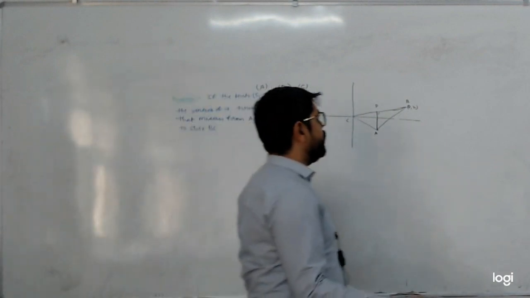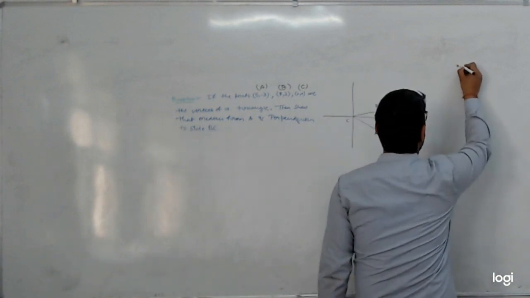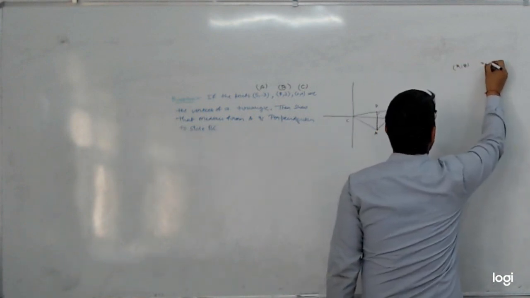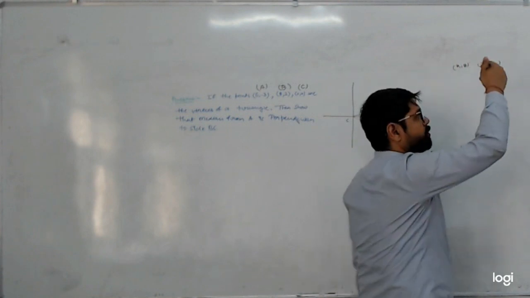We know very well, if I am given two points x1, y1 and x2, y2, then what are the coordinates of the midpoint of P1 and P2?